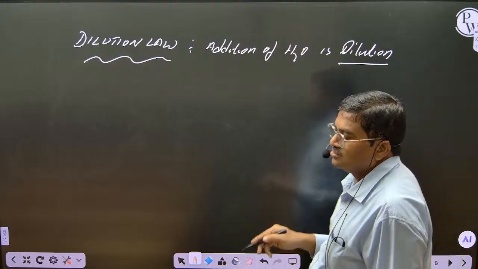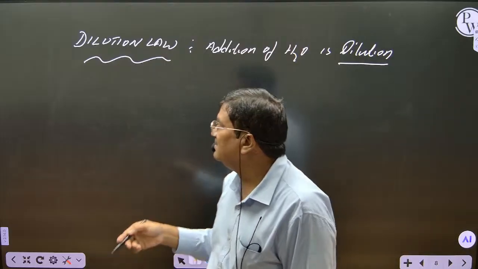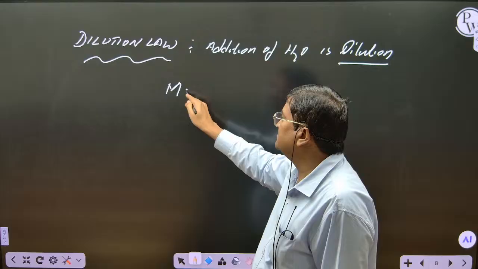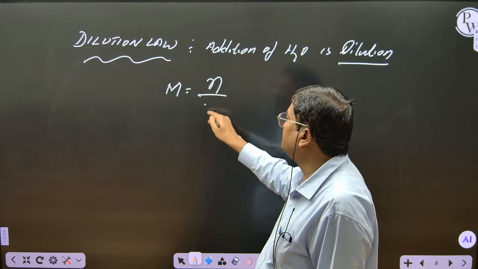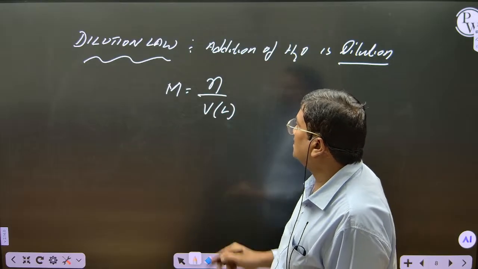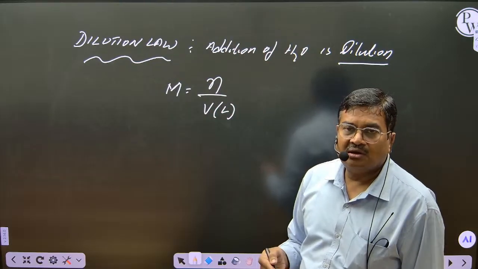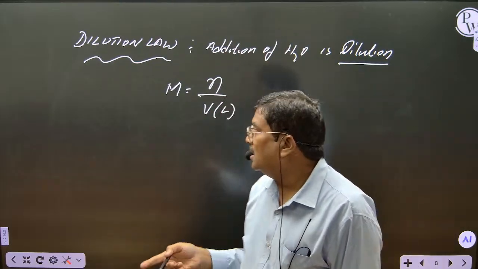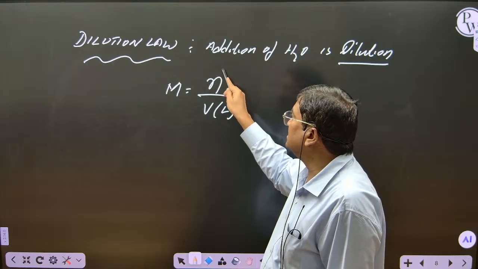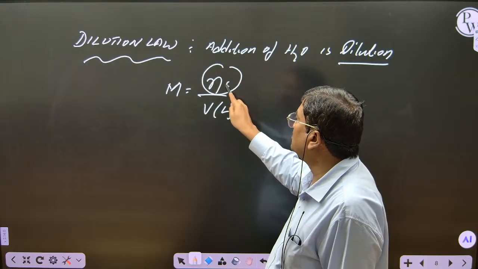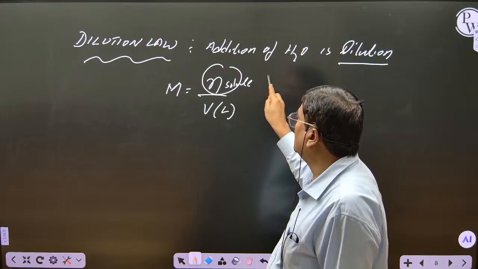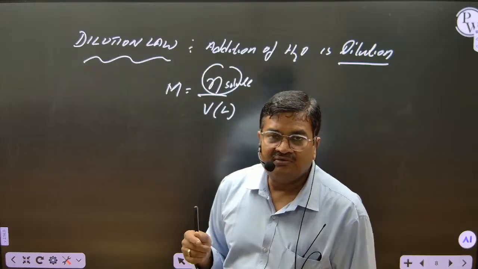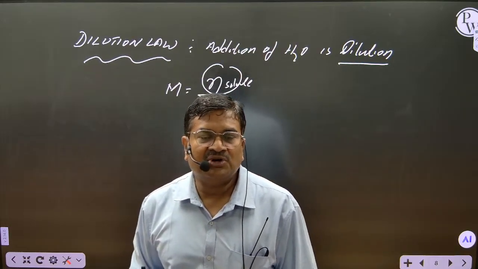Now, what is molarity, students? Molarity we learned just now. Molarity is given by number of moles by volume of solution in liter. Now see, when you add water on dilution, what will not change? Number of moles of solute won't change. Initially how many moles of solute is there?